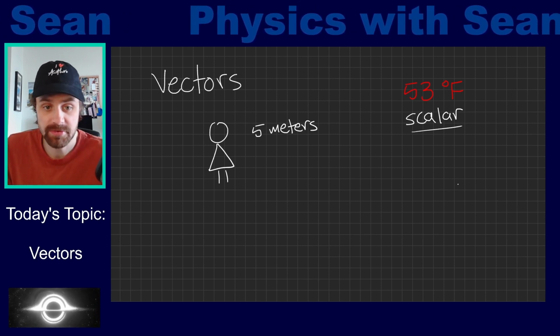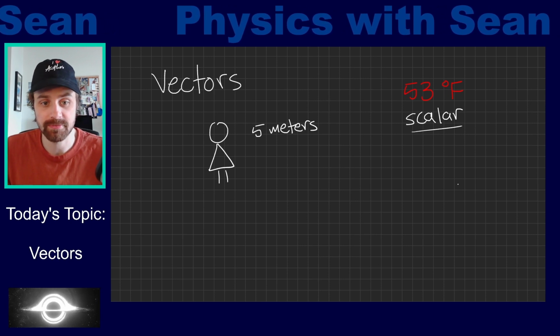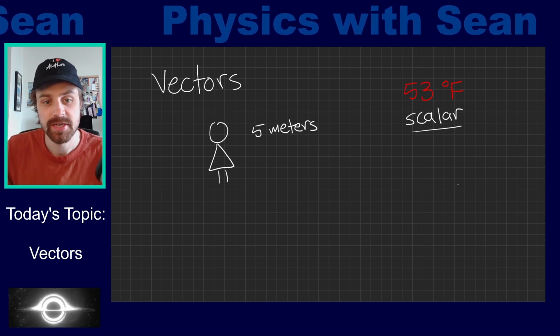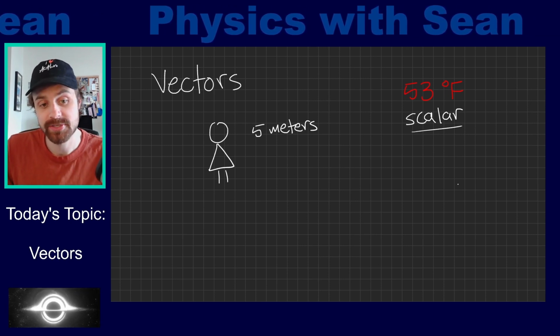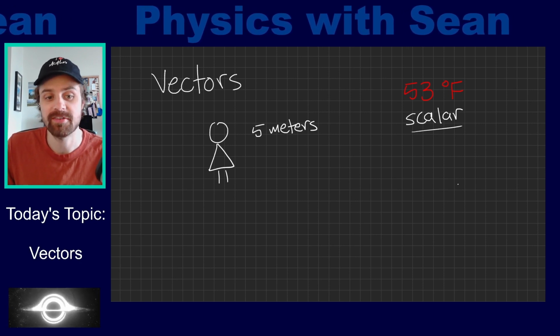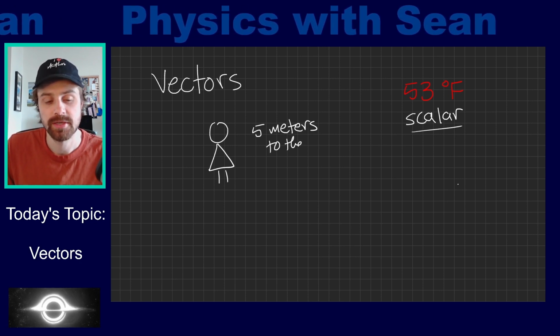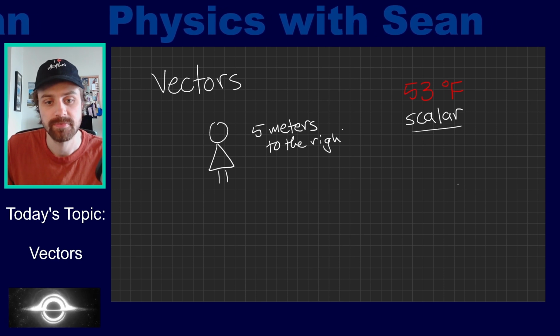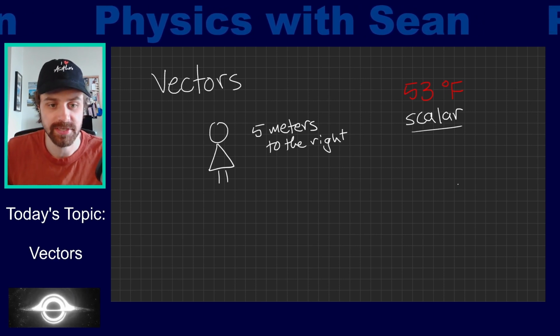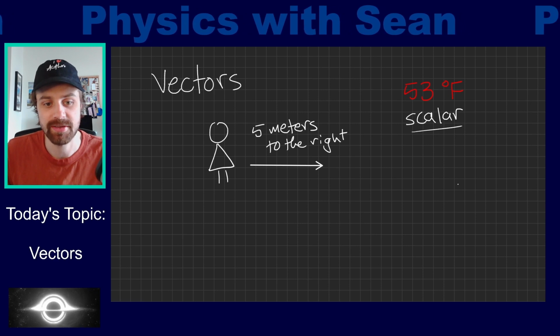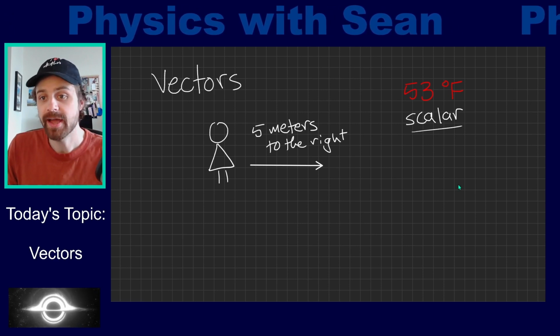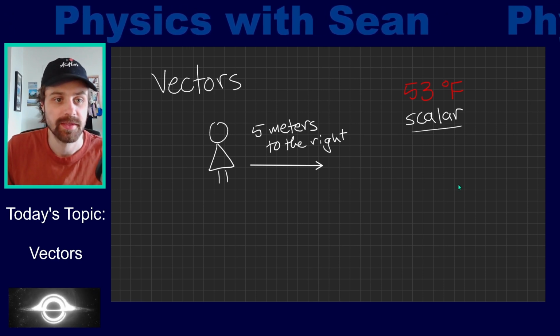That's all the information we're given, but it gives us some idea that she just walked some distance. And so that is a scalar. But if I changed it to instead say she walked 5 meters to the right, a very specific direction, say she walked 5 meters this way, now this has become a vector.